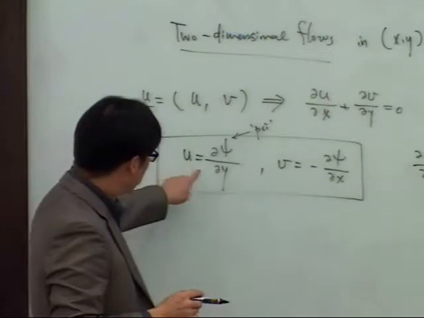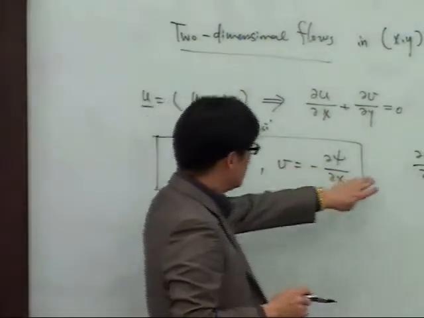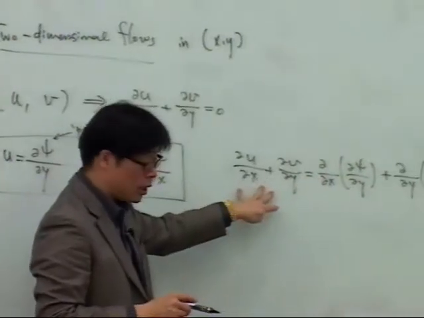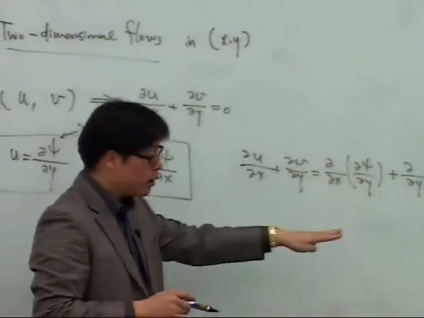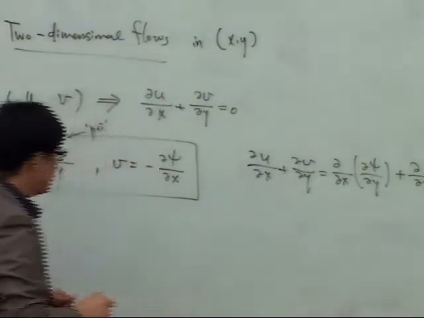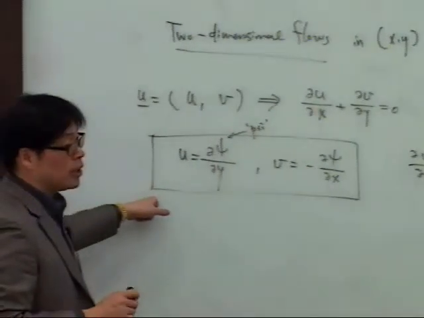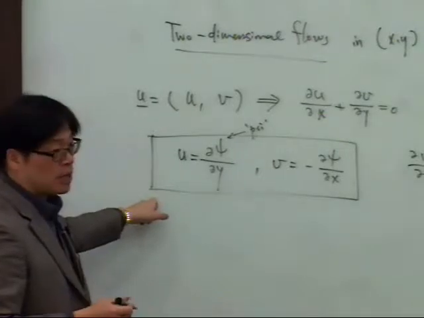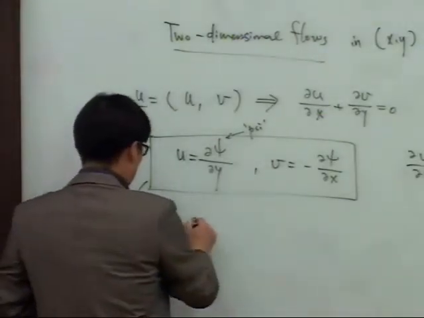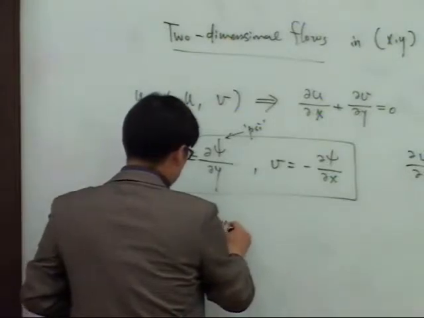Because if I substitute these definitions into the continuity equation, the left-hand side gives 0 all the time, no matter what psi is. So this is a very convenient representation for an incompressible fluid.